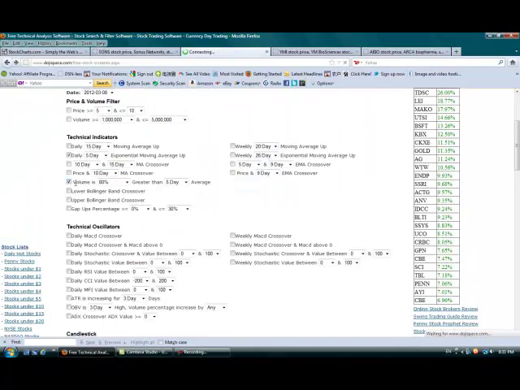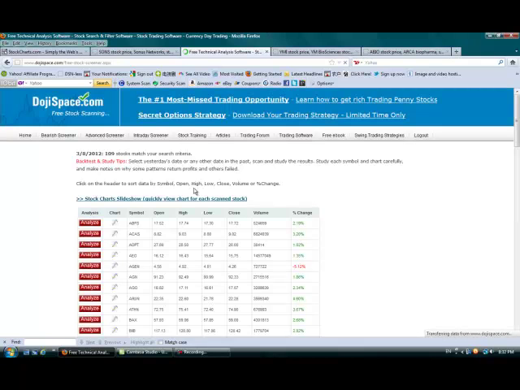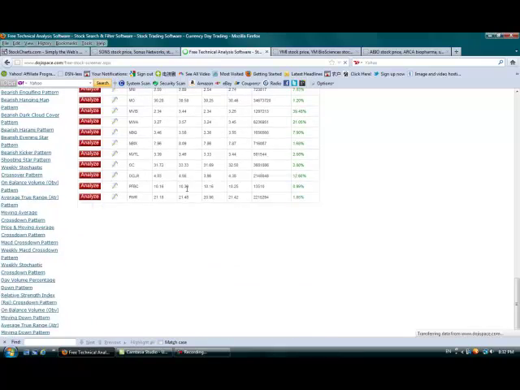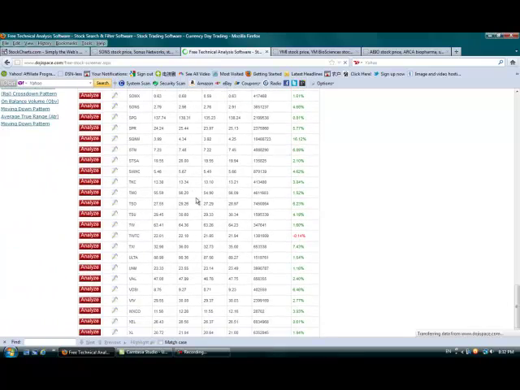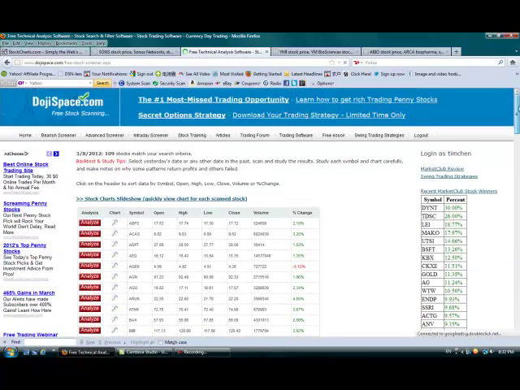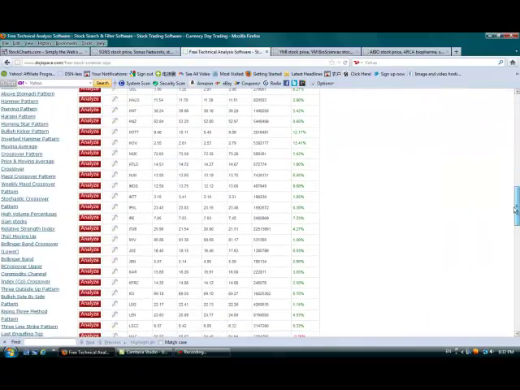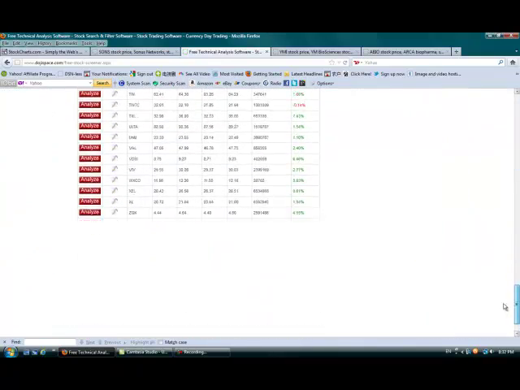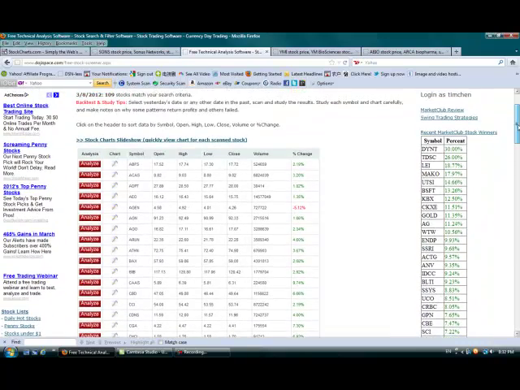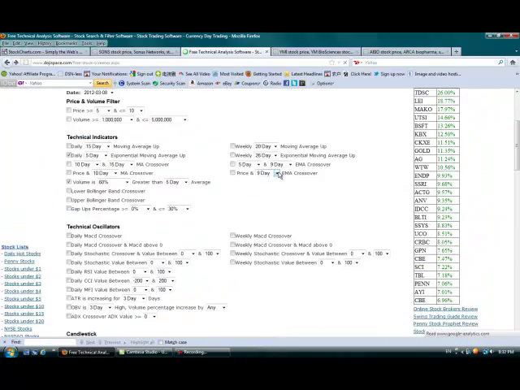Okay, this is finished loading. Yeah, see, there are a lot of stocks matching, because the search criteria that we used is a little bit too broad. That's why we get a lot of results. Let's narrow down the search a little bit.